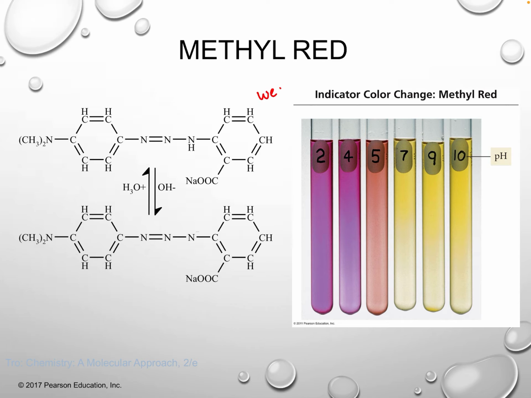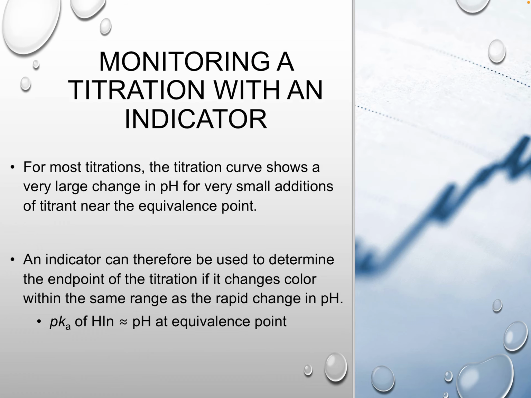This would be really good for a weak base, strong acid titration because at the equivalence point, all of the weak base has been converted into conjugate acid, which means that the pH at the equivalence point will be more acidic than 7, so it will be lower than 7. So this would be a good indicator for that kind of titration.